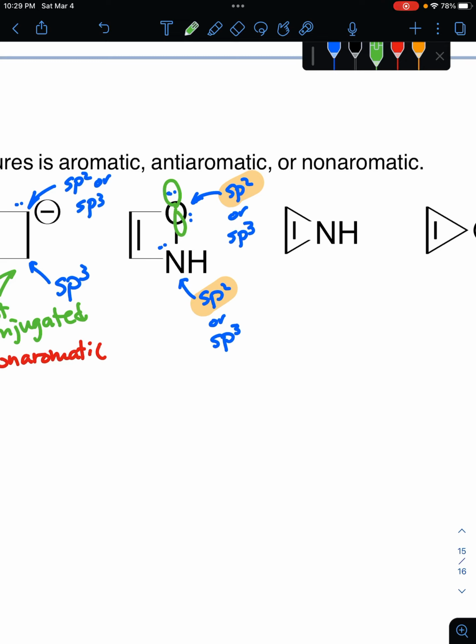this one lone pair has to be in a p orbital, and then this lone pair on the nitrogen also has to be in a p orbital, whereas this lone pair on the oxygen must be in an sp2 orbital, right?